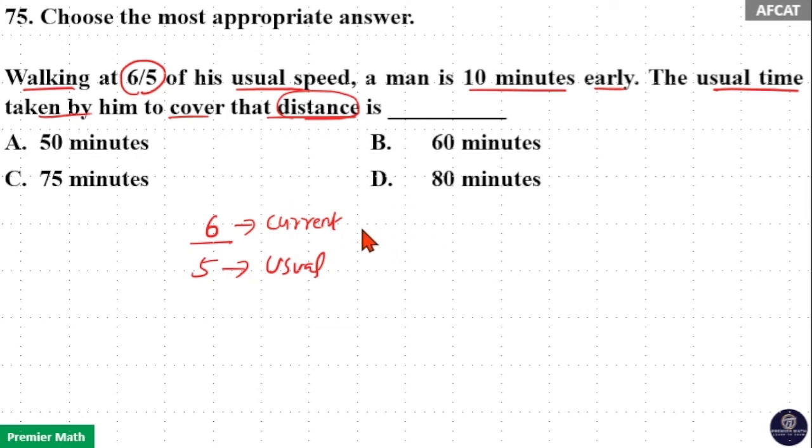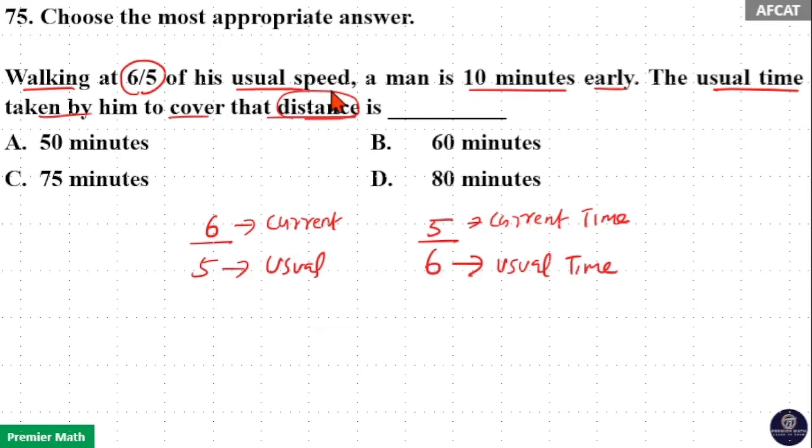If distance is constant, time is the reverse of the speed ratio. Now, the time ratio is the reverse of the speed ratio, which means 5 by 6 is the time ratio. That means 6 part is the usual time and 5 part is the current time.